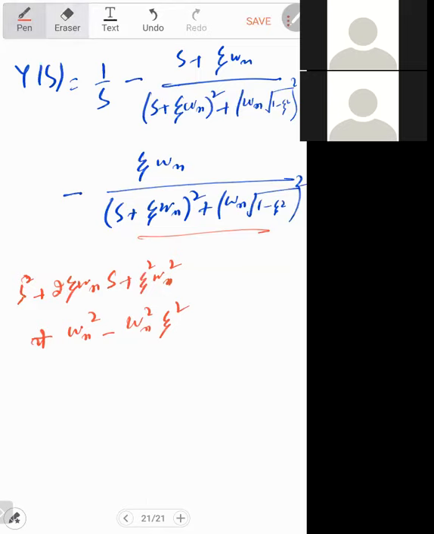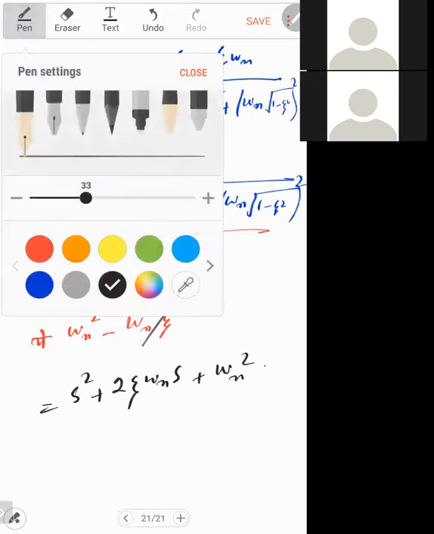So we can cross this one with this one, and then you are left with s square plus 2 zeta omega n s plus omega n square. So it was straightforward.